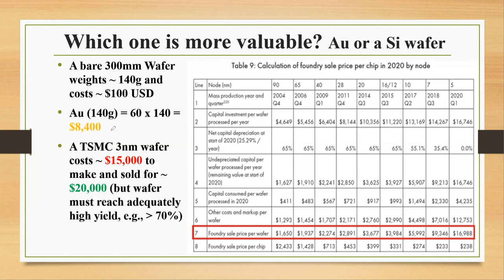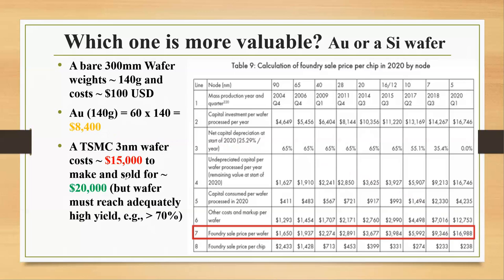But the 5 nanometer is about $17,000, that you have to pay in order to buy a good TSMC 5 nanometer wafer. Compared with the cost of gold equivalent in weight, it's obviously 2x. And for a 3 nanometer wafer it's even worse.